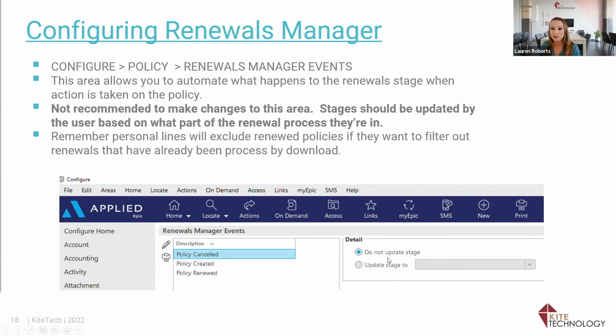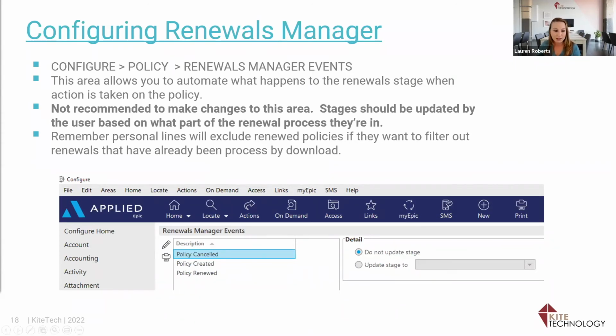Well, we wouldn't really want to do that because the policy might actually get rewritten to another carrier. So we don't really want to change it to show that it's been lost, because it might have been rewritten to a different carrier. And that policy canceled stage in the example that I gave means that it's truly canceled. It's lost business, it's gone.